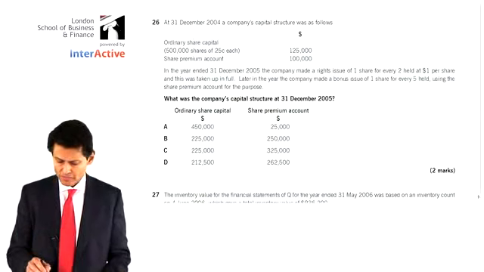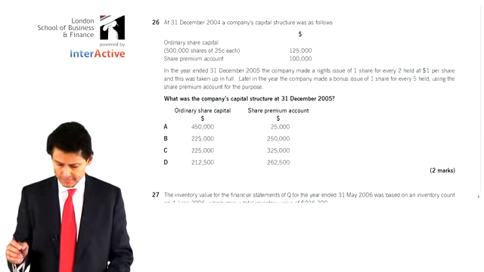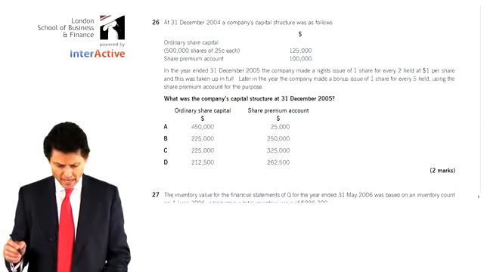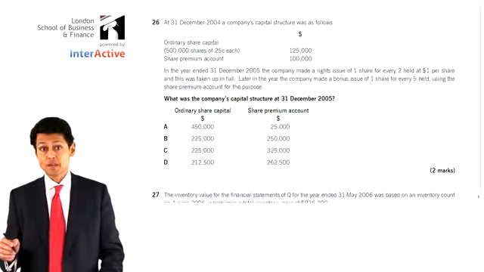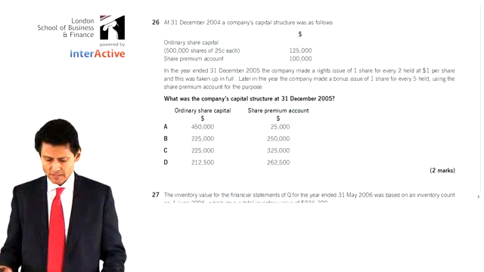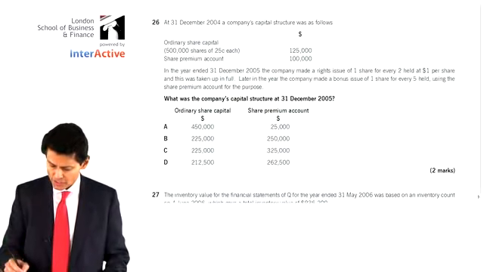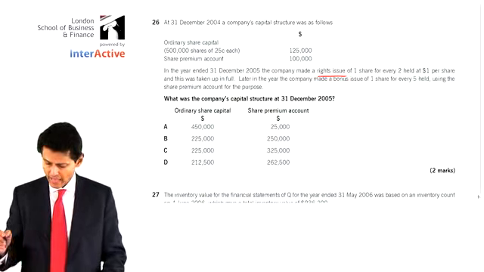At the 31st of December 2004, the company's capital structure was as follows. The ordinary shares is 500,000 of 25 cents each, so the actual dollars is 125,000. The share premium is 100,000. In the year ended December 2005, a rights issue has been made of 1 share for every 2 held.